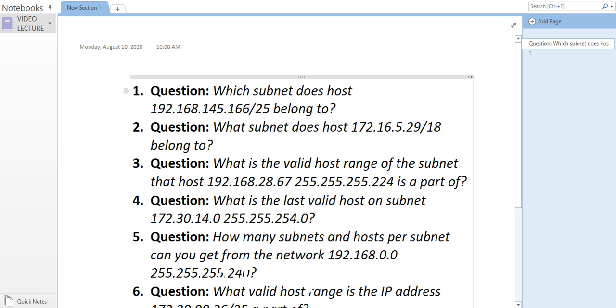We want to know what is the subnet network. That means we want to know the network address. If you want, you can find the range, no problem. But they're asking what subnet it belongs to. So you have to get the network address itself, which this valid IP address belongs to.